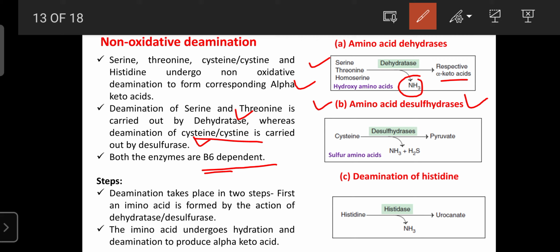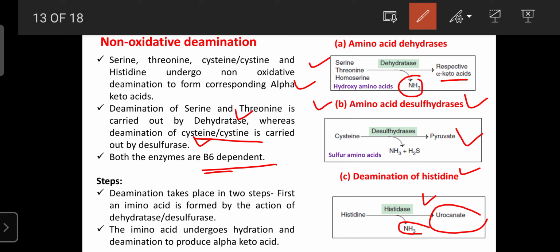In the presence of the desulfhydrase enzyme, they form ammonia as well as H2S, and then pyruvate. The third enzyme is the histidase enzyme, which is essential for the deamination of histidine and releases the ammonia as well as urocanate.